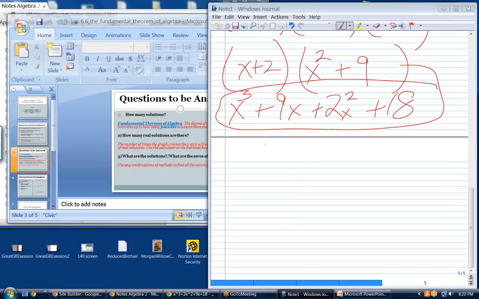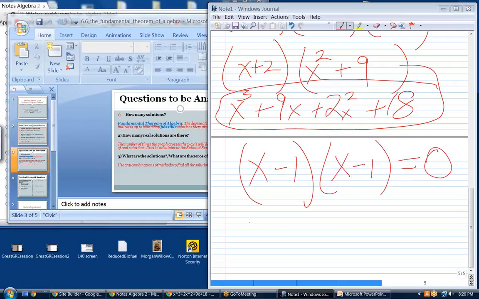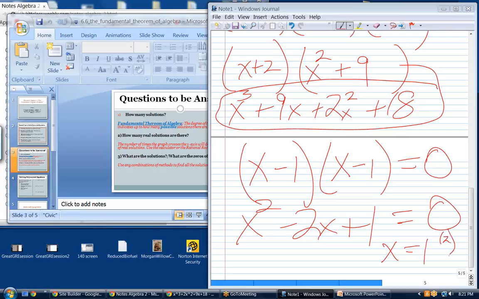In other words, if I have a quadratic like x squared minus 2x plus 1, that has two solutions. It just so happens that they're both the same. So this would have a solution x equals 1, but it would have a multiplicity of 2, is the way you talk about that.